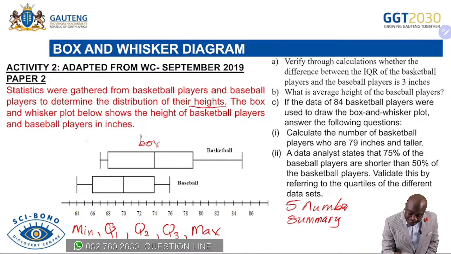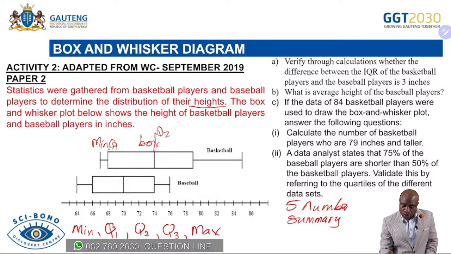So the number that starts here is the minimum. The first value in your box is your Q1. The middle value, or the value that is displayed here, is your Q2. And lastly, in the box is Q3. And then the last value here is your maximum.